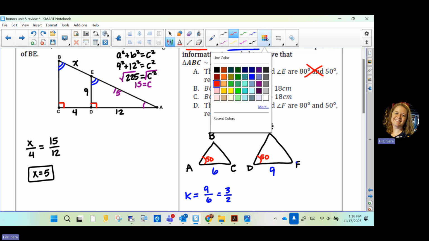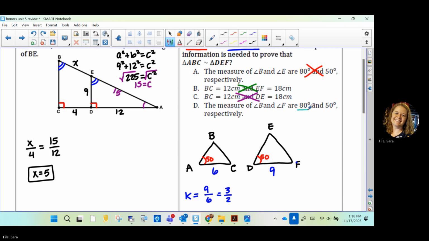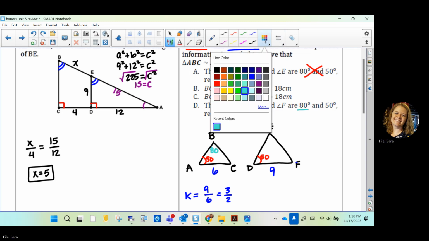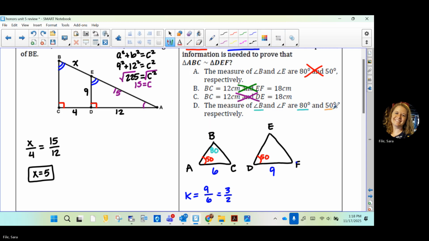Since B came first, they're saying B would be 80 and F would be 50. Now those don't correspond, which is fine because they're not saying they're congruent, are they? But let's see if that would work.